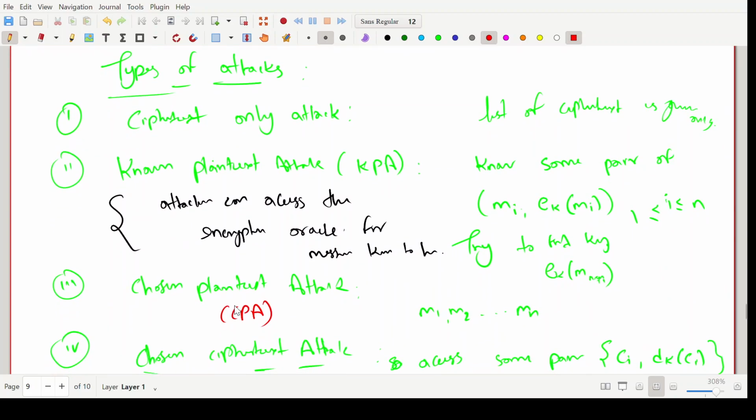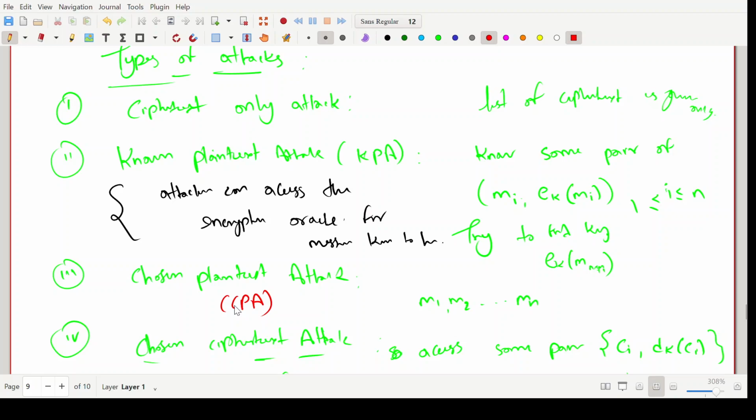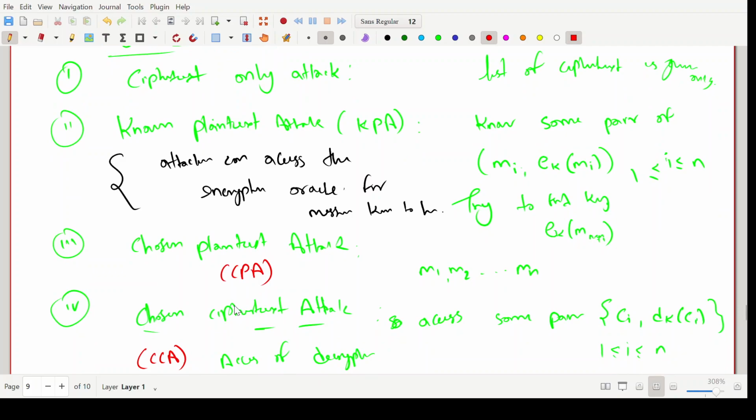Types of attack: the first one is the ciphertext only attack. He will be given ciphertext, and he has to find the key or plain text. Known plain text attack, that is KPA: he will be given an encryption oracle for some messages, say mi, so he is given mi and the encryption of mi, and then he is asked to find either the key or the decryption of some messages.